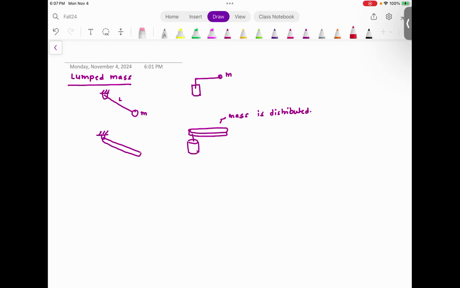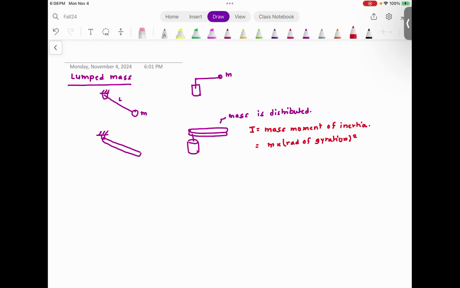Now, please understand, whenever you have a case such as this, when the mass is distributed, we have a concept which is called the mass moment of inertia. Mass moment of inertia is given as I, and it is defined as the mass multiplied by the radius of gyration square, m times radius of gyration square.